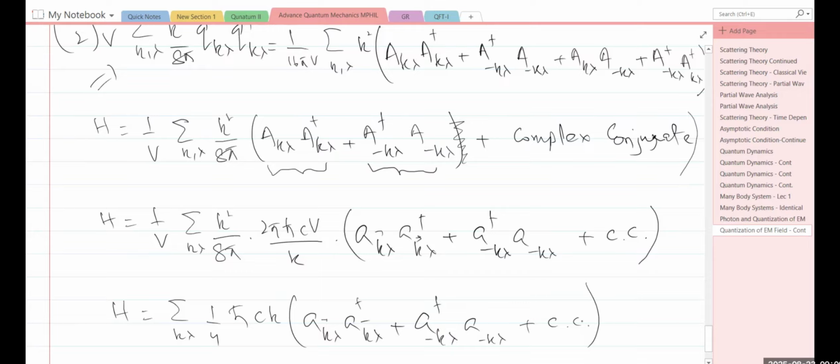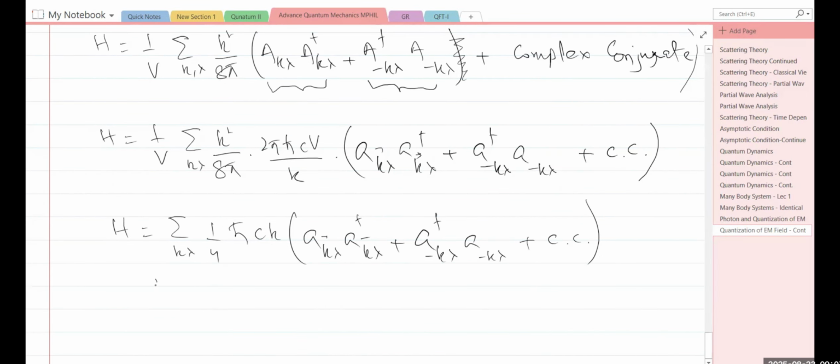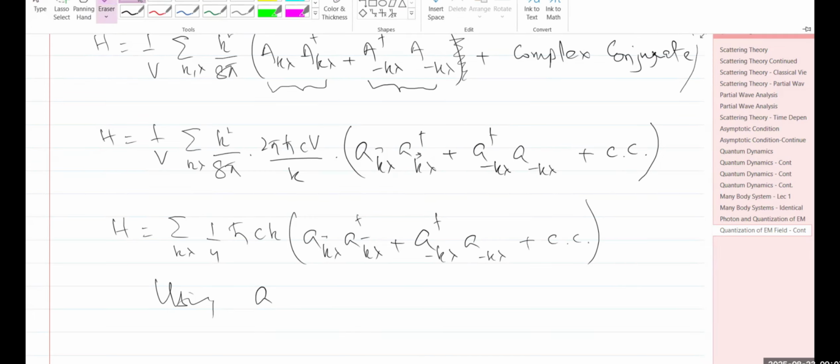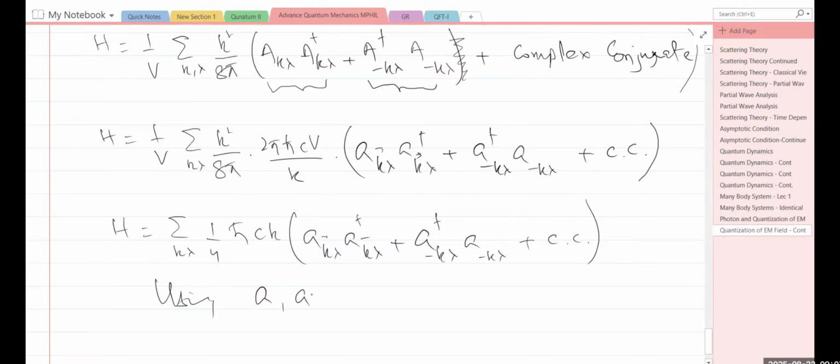And we can use the commutator for a_k and a†, that is, using a_k, or rather joining, so [a_k, a_λ†]. What does this equal? In general, because both will need subscripts, we have a a† minus a† a, and this equals 1.